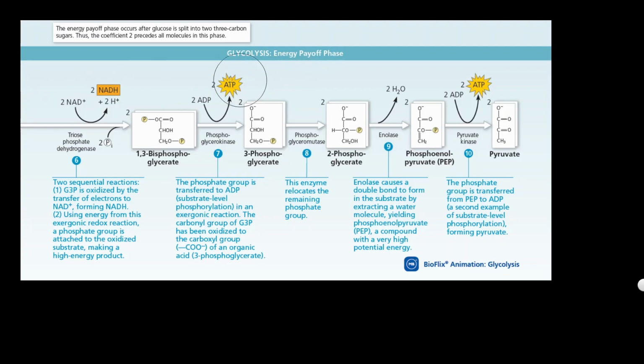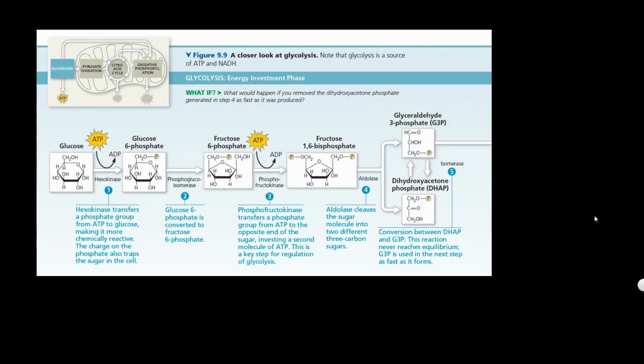Let's say you wanted to have a business and you want to sell something. In order to sell something, you gotta first buy the product that you're gonna sell, right? So in the beginning, even though the whole point of glycolysis is to make ATP, we need to input ATP in the beginning. So you start with glucose.